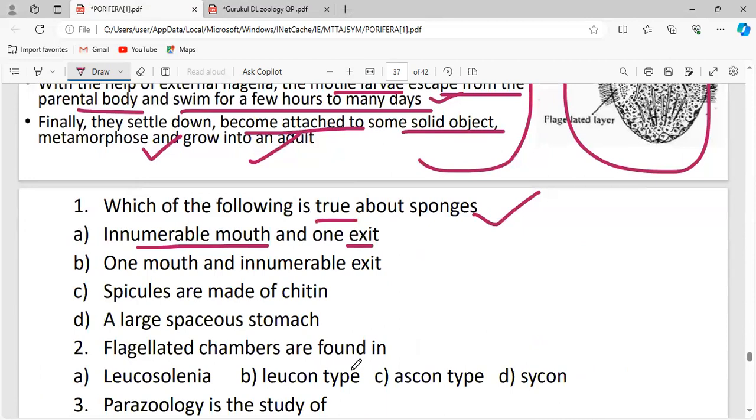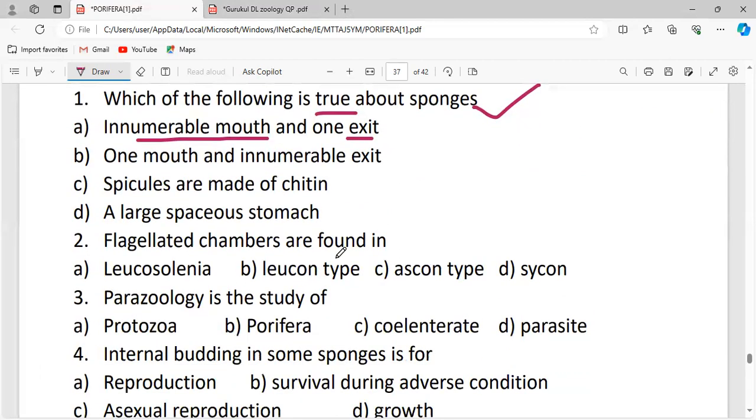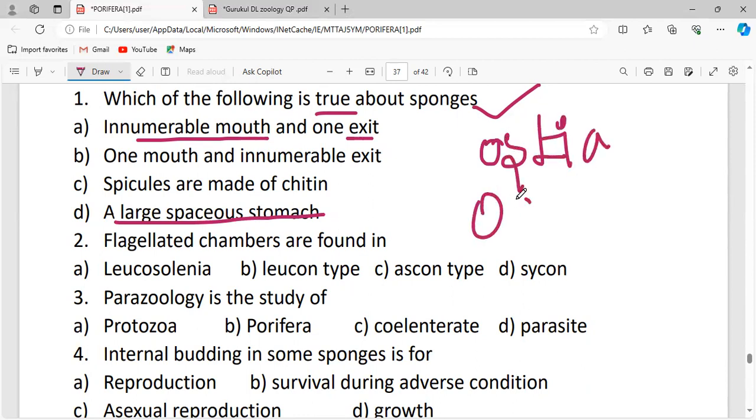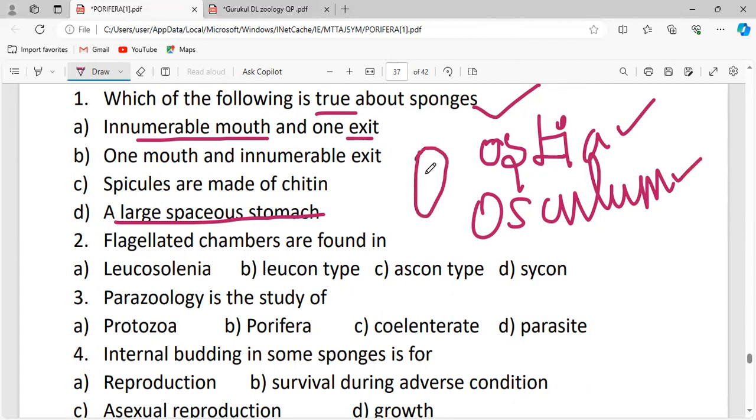See. Oh, you're confused about the large spacious stomach and the first option. See, pores are called the ostia. That is called the mouth. I have said there are more ostia, more pores present, but only one osculum is present. When I was explaining the canal system, I explained this. Pores are nothing but, the technical term is ostia, and only one osculum is present. That is why the spongocoel, that is the central body cavity, sends out the water through the osculum.